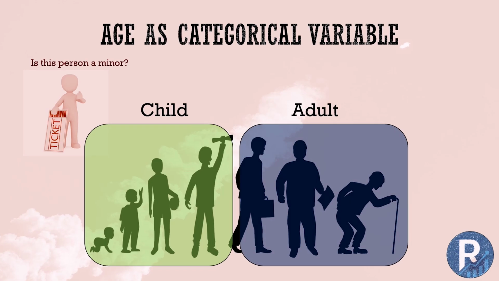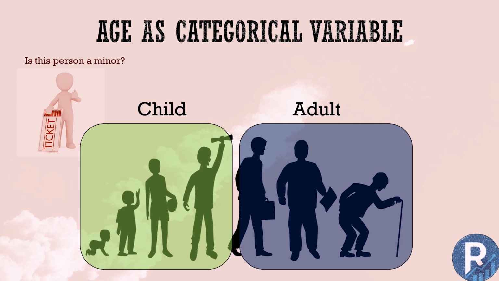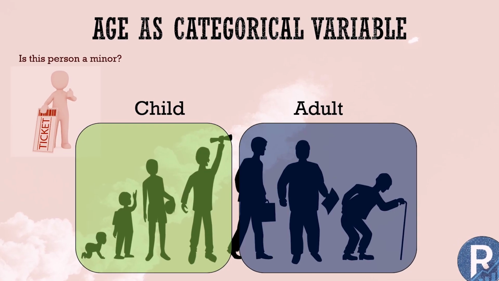You just care that you are in the adult category for legal or pricing reasons. The variable, the age, didn't change. Your goal did. This is a huge lesson in data. Before you decide how to measure something, you have to ask yourself, what decision am I actually trying to make?